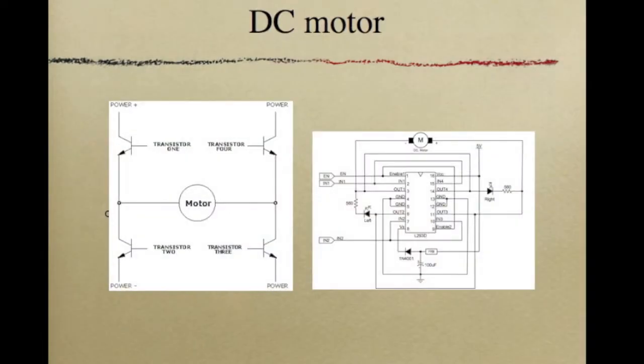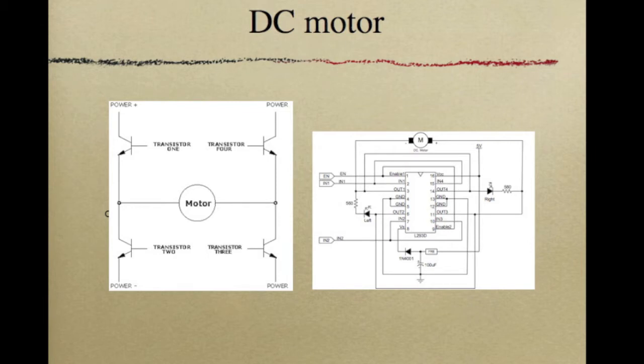Alright, we have two poles for the DC motor. So technically speaking, to drive the DC motor, the efficient way is to use an H-bridge circuit. Here from the pictures, you may see that it looks kind of like an H. That's why we call it an H-bridge. The general idea is that we use four transistors to drive the motor.